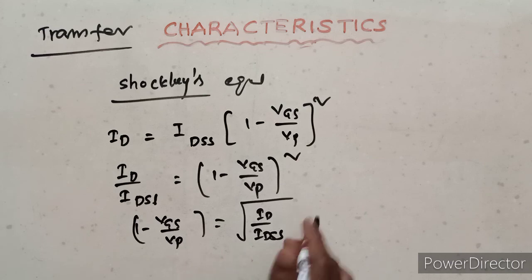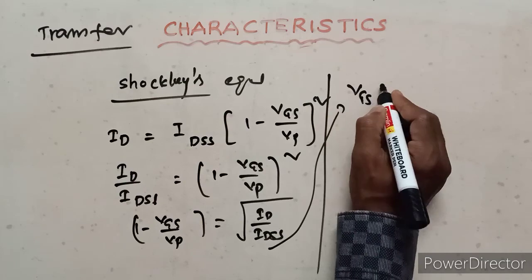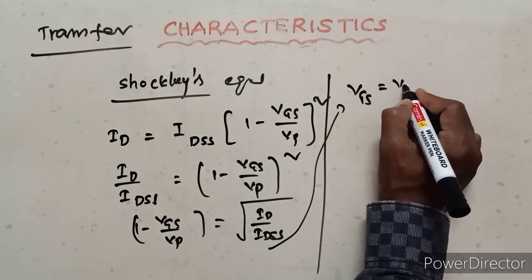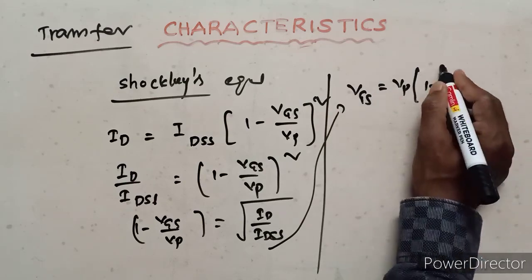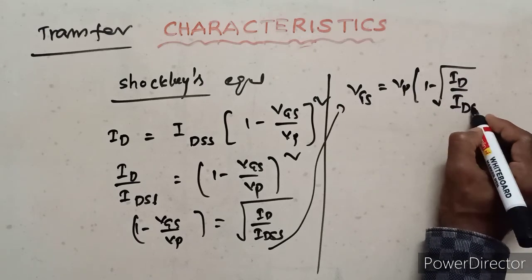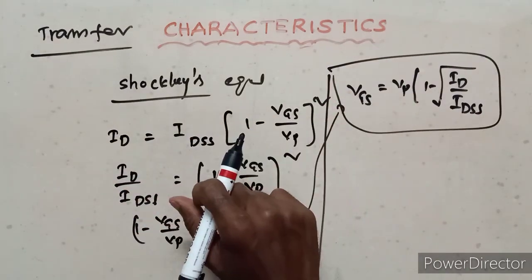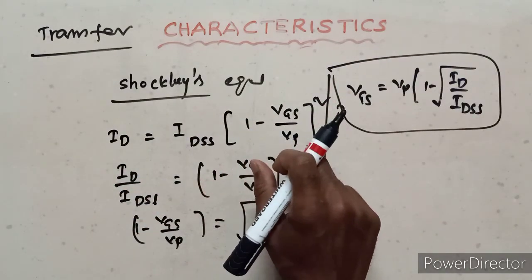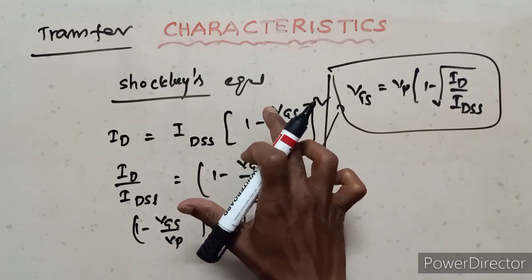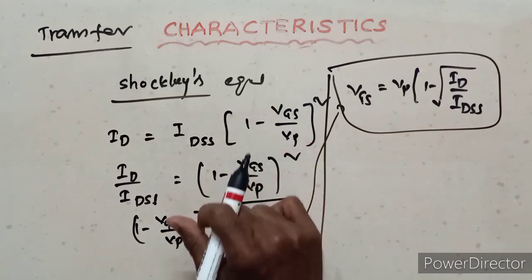This can also be written as VGS equals VP times (1 minus square root of ID upon IDSS). These are all called Shockley's equation. From this equation we draw the transfer characteristics.